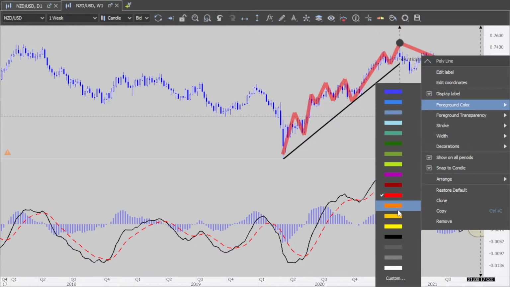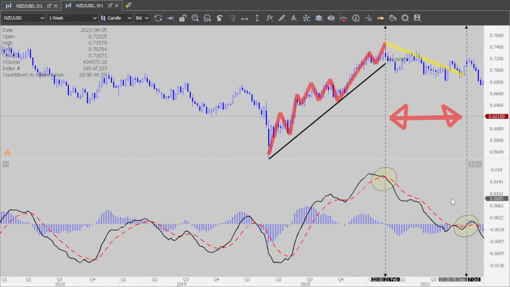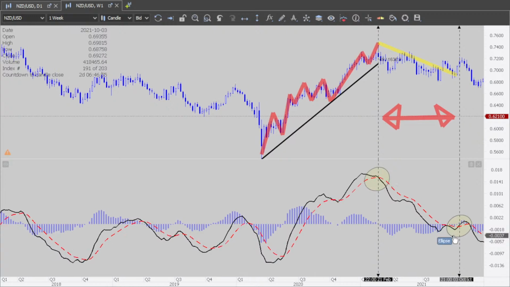Let's make it yellow. Then we have the next cross from the downside up, signaling us that the market is going to go up, and it reversed again, right? We're looking at the second cross now, going down.